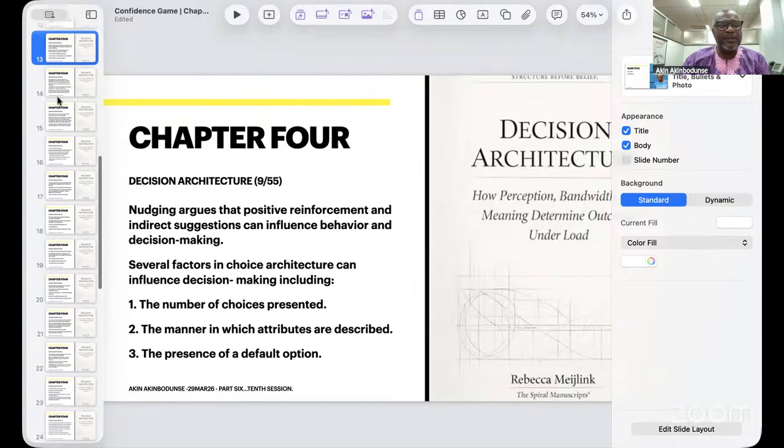So nudging is the same thing as decision architecture. Nudging, or decision architecture, argues that positive reinforcement and indirect suggestions can influence behavior and decision making, right?